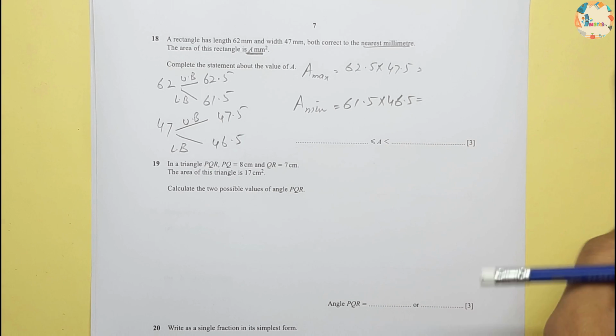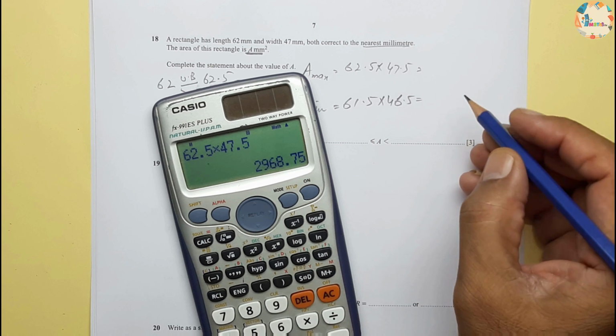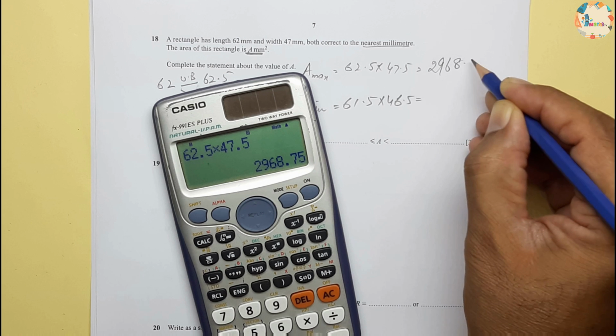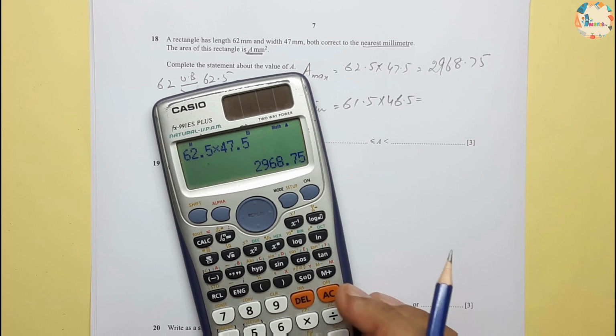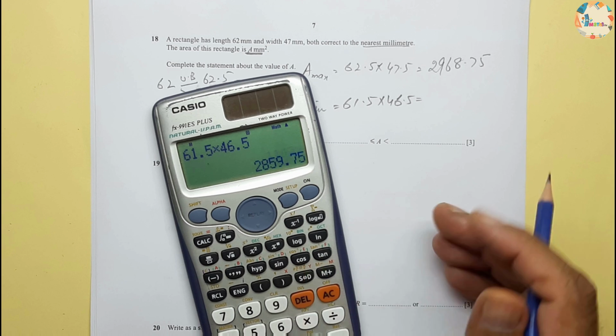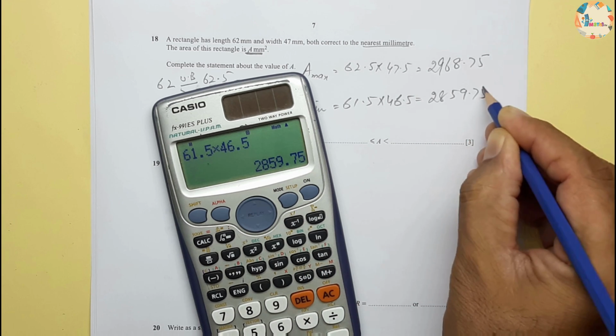So both calculations: multiplying 62.5 by 47.5 will be equal to 2968.75, and if we multiply 61.5 by 46.5 we will get the answer 2859.75.